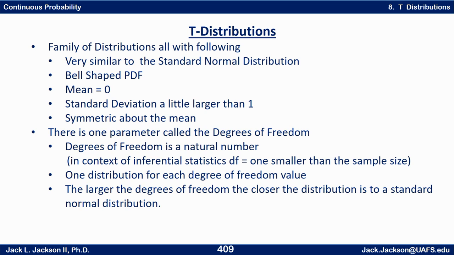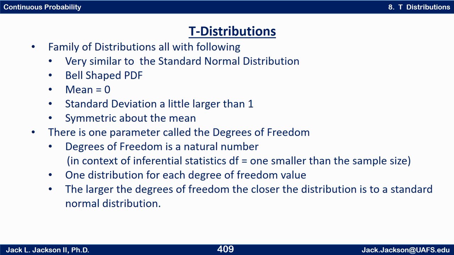The standard normal has mean 0. All the t-distributions, all the different degrees of freedom, they all have mean 0. So they have the same center as the standard normal distribution. The standard deviation in a standard normal distribution is 1. The standard deviations in all the t-distributions are a little bit larger than 1, somewhat close to 1, but a little larger.